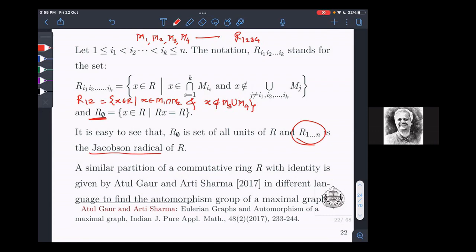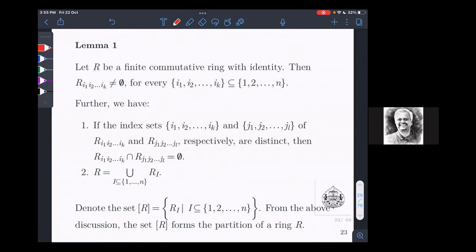This partition is clear. Now, once it is done, there are a little bit of results which are there. Of course, I will not go into the technical details, but I will try to convey the message of what we did here.